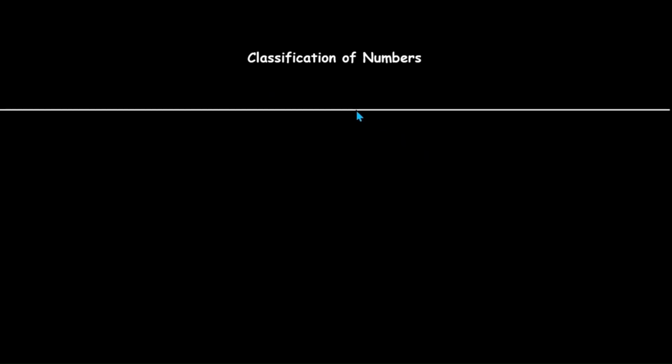Before we go any further, just a quick recap of classification of numbers. Let's say this is our number line, and we have numbers starting from 0 and going up to positive infinity on one side.